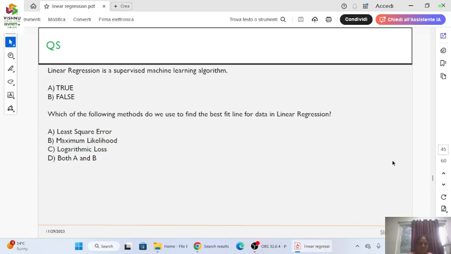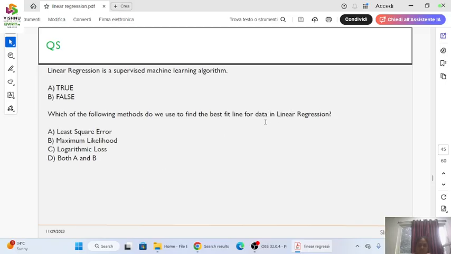So I can ask these questions, like: linear regression is a supervised machine learning algorithm, true or false? And so these are all the questions. You can check them out and submit the poll, or when I am conducting the one minute thing, you can respond like this.